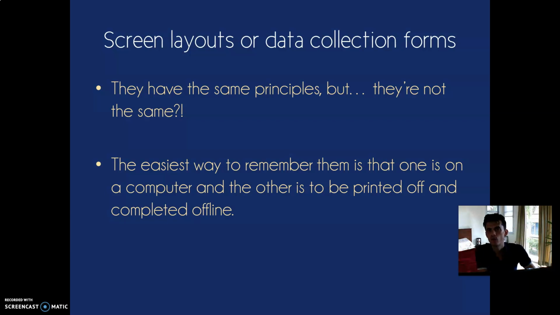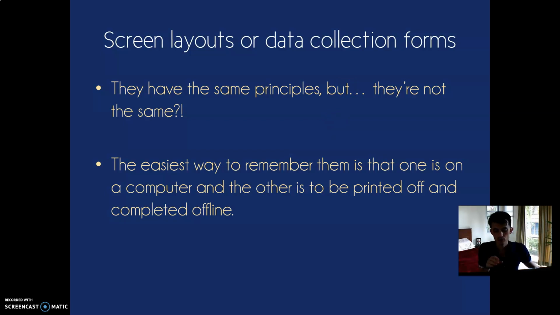How can we make our form as clear as possible? That's the idea. They're not quite the same though. For the data collection form, we don't want to use any colour. For screen layout, we do. So there's a couple of really subtle differences. Basically, one's at the computer, one is offline. That's it. So you guys are going to do an activity where you go and find one.